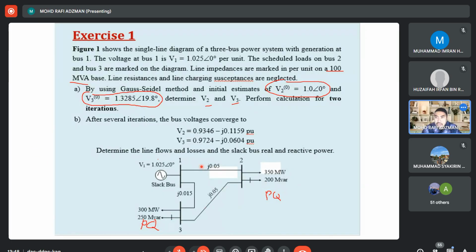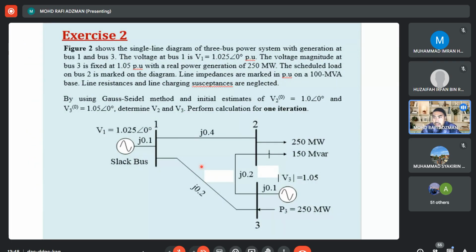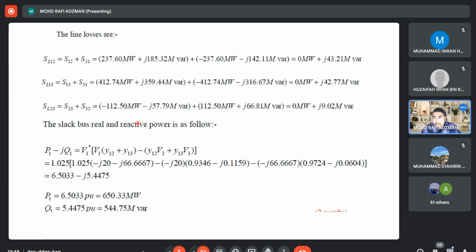Done for SL12, SL13, and SL23. Finally, you need to find the slack bus real and reactive power, P and Q. Using the equation that I showed you before, P1 minus jQ1 equals V1 conjugate times (V1 times (Y12 plus Y13) minus Y12 times V2 minus Y13 times V3).